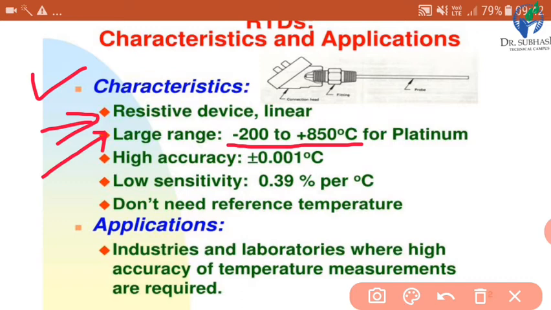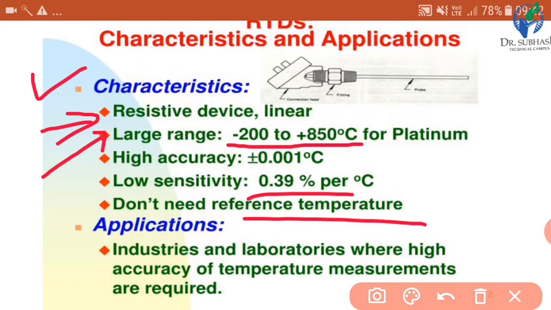Then accuracy is high, plus or minus 0.001 degree centigrade. Sensitivity is low, 0.39% per degree centigrade. It doesn't need a reference temperature.